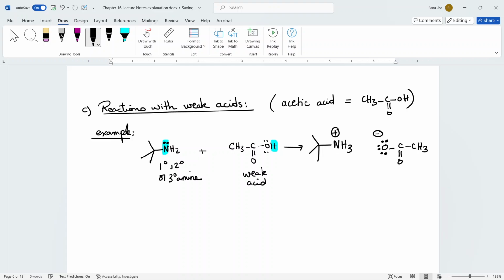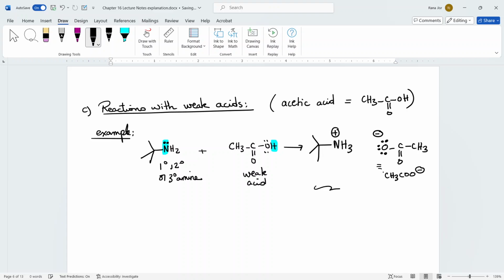You can represent it like this, or you can represent it as CH3 COO negative. Normally we write it like that. This is exactly the same as that, so you can represent it whichever way you want.